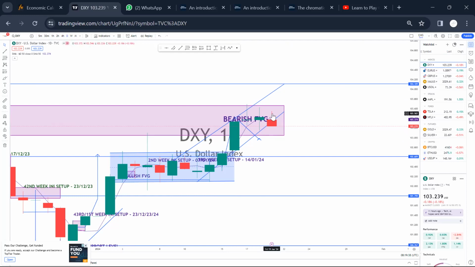So anything is bound to happen here, right? Anything is bound to happen here. You could actually bounce back, gap up, become bullish, and that means it will break that fair value gap, meaning it will violate the fair value gap rule.